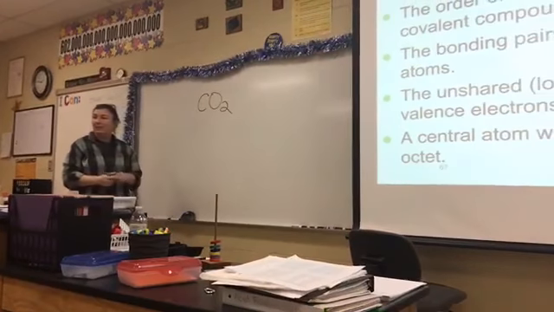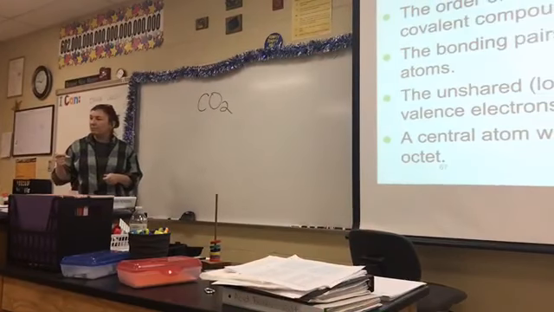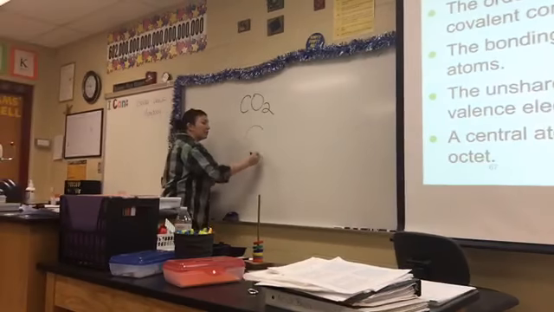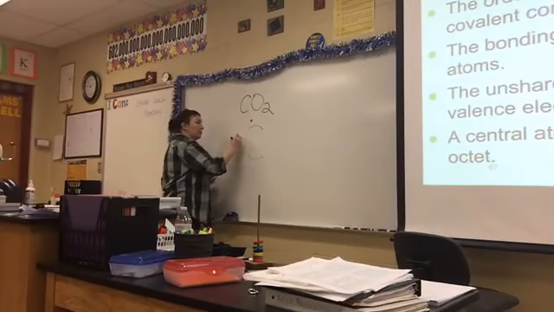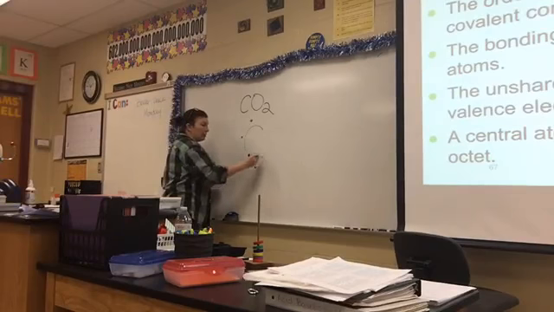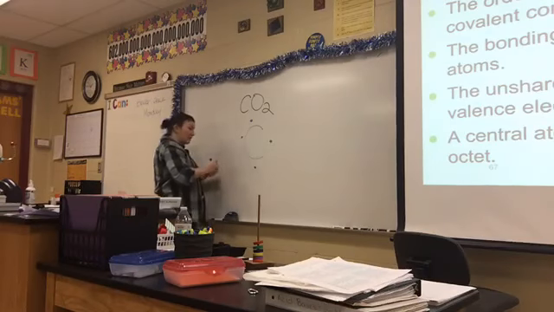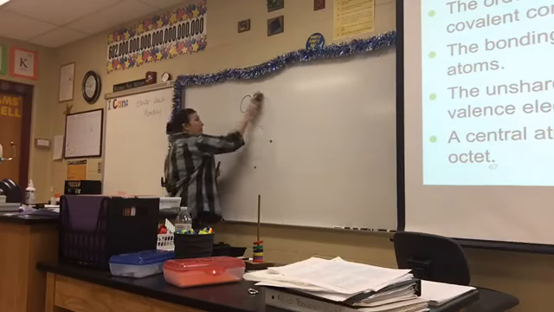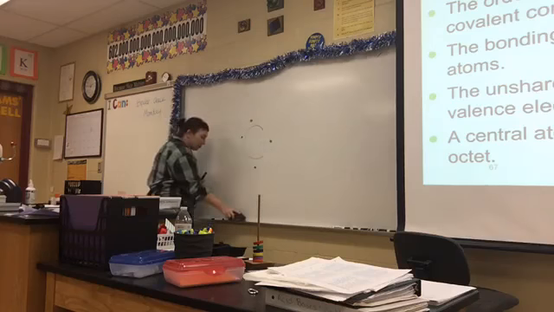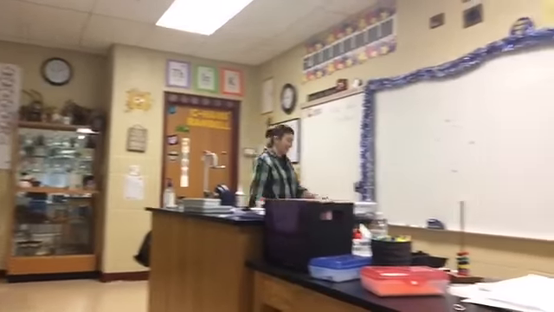Carbon has how many valence electrons? 4. Thank you. So carbon has 4 valence electrons. Okay. Oxygen, I'm going to get rid of this top part here, just make it easier to see. Oxygen has how many valence electrons?